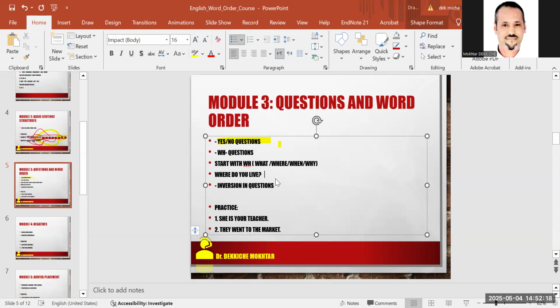So if we deconstruct, we have the yes/no question "Do you live?" and we add the WH word: what, where, when, why. Here, since we are asking about the place, we use "where", which means أين.